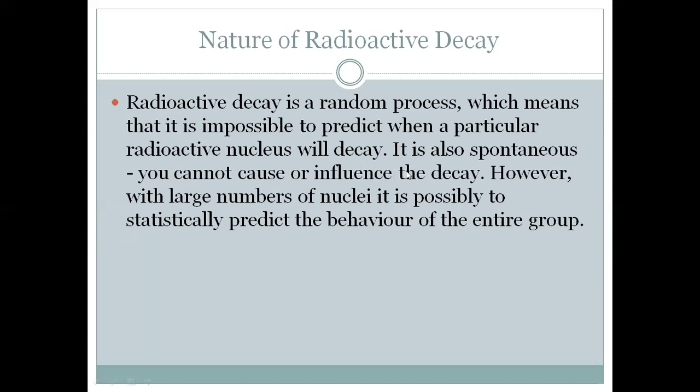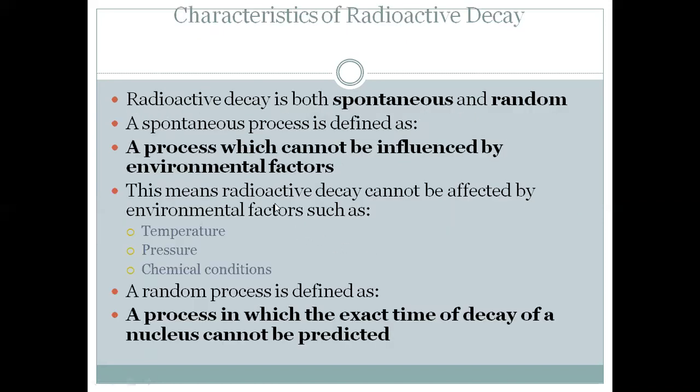In the same way, radioactive decay is spontaneous. Spontaneous means we cannot influence the decay. If you apply pressure, increase the temperature, or carry out any chemical reaction, it will not change the behavior of this decay. So it is both spontaneous and random.